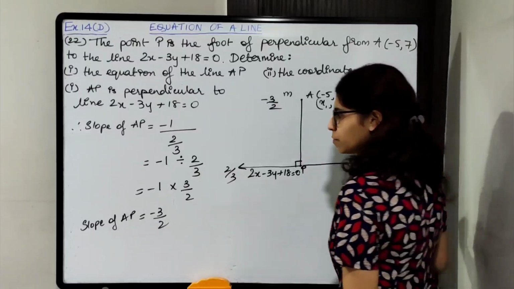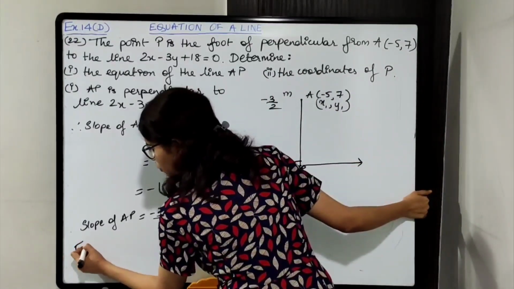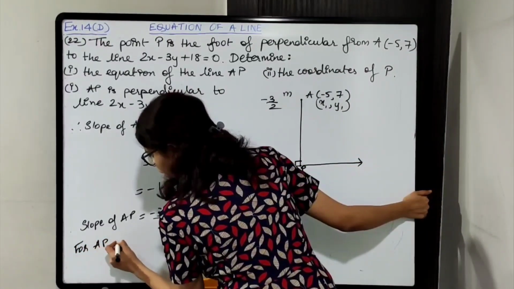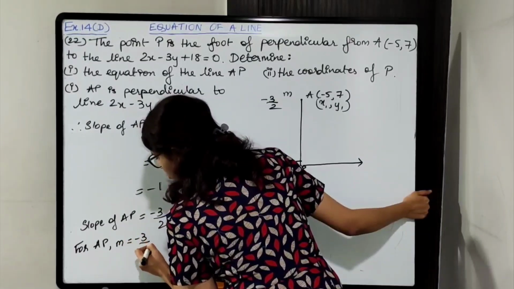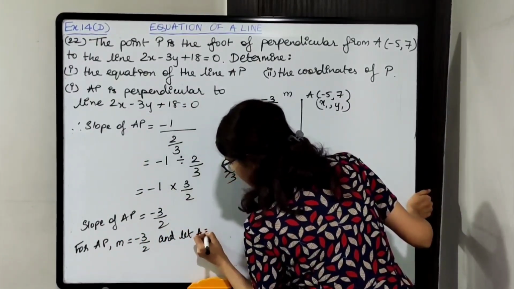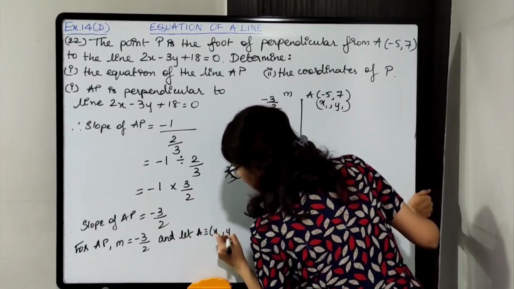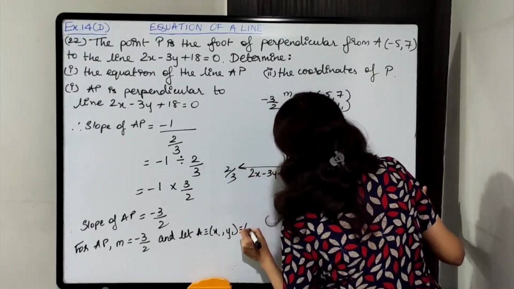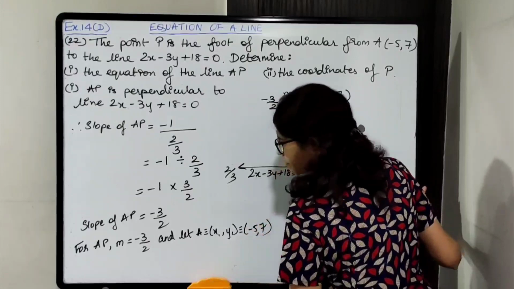Let's find the equation. So write down for AP, m is -3/2 and let A x1 y1 be -5, 7.